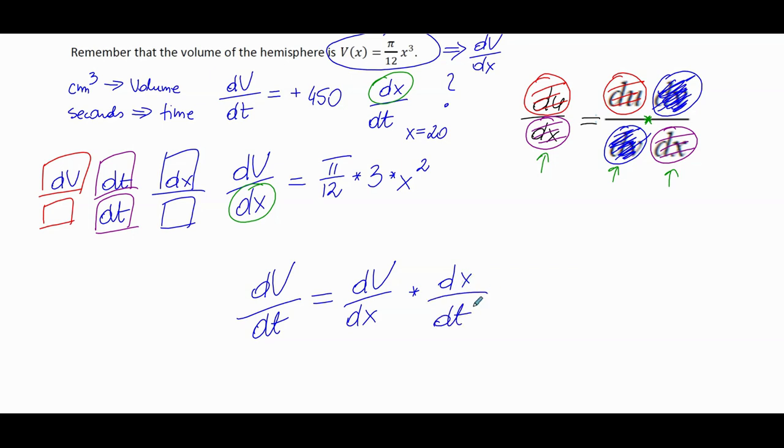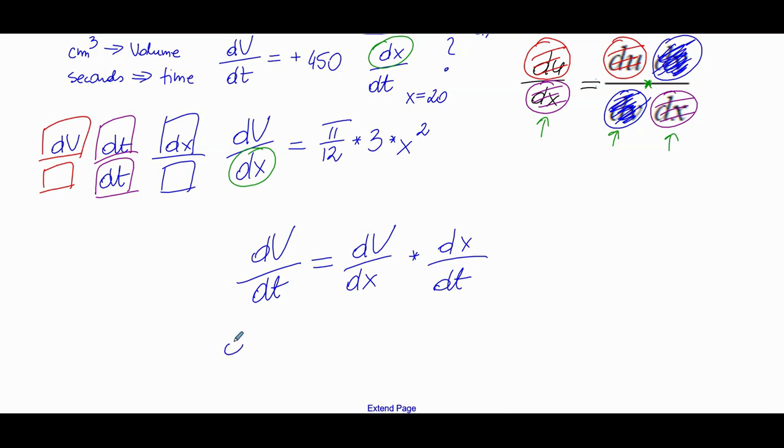Now, which one am I looking for? I'm looking for this one. So even before replacing, I can move that multiplication to the other side. What am I going to do? I'm going to be dividing, isn't it? So it is divided by dV dx.